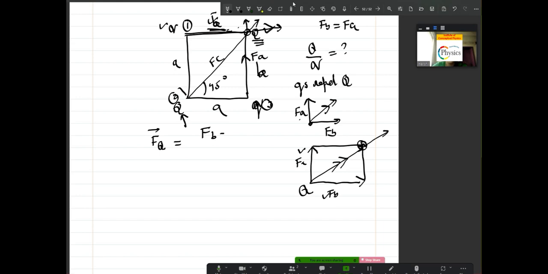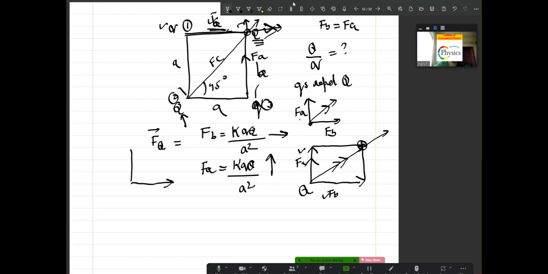FB can be written as KQq by A square, away from Q, which is this, towards the right. The force which is coming from here, which is FA, which is upward by the way, is equal to KQq by A square in magnitude, but upwards, which is what I drew, this one. Both the two forces are equal because they are at the same distance.